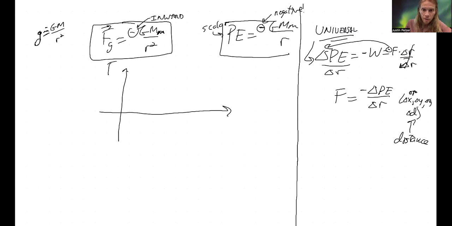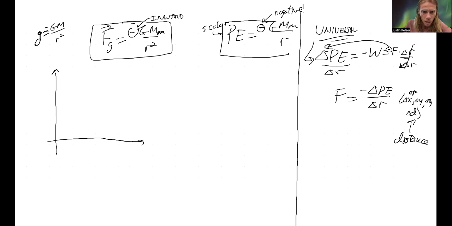That if I graph FG versus R, I get this. And if I graph, sorry, I want to fit both of them in here. I'm doing a poor job of straight lines. I encourage you guys to do better at that.